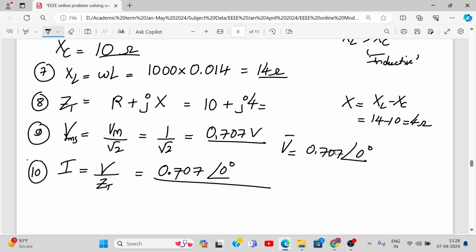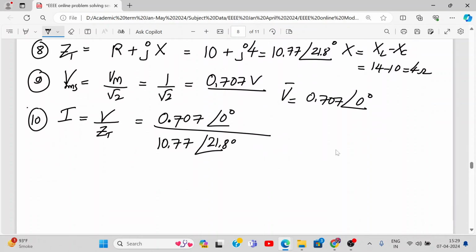How much is it? 10.77 and angle 21.80. OK, so what is the result?